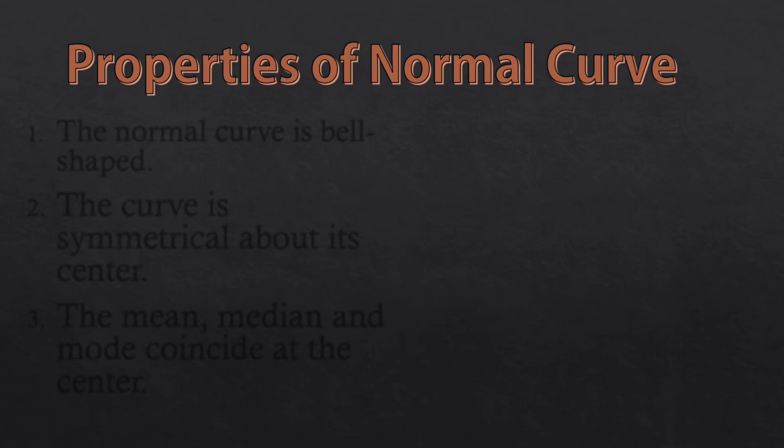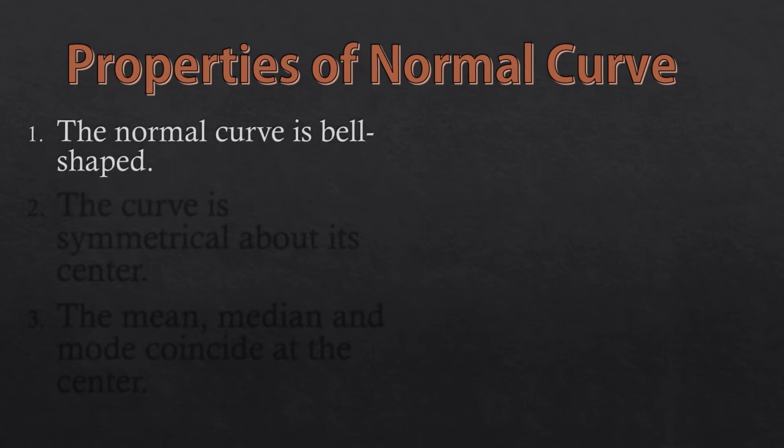The normal distribution is popularly known as the normal curve. Here are the properties. First, the normal curve is bell-shaped. Are we familiar with the bell shape? Later on, I'll show you a specific curve that is bell-shaped.